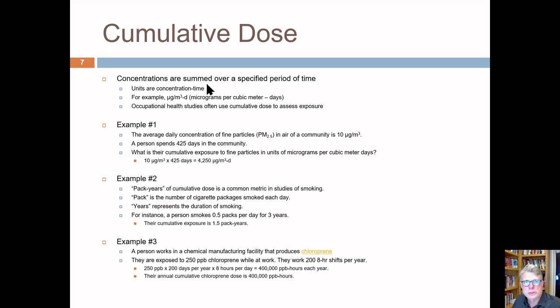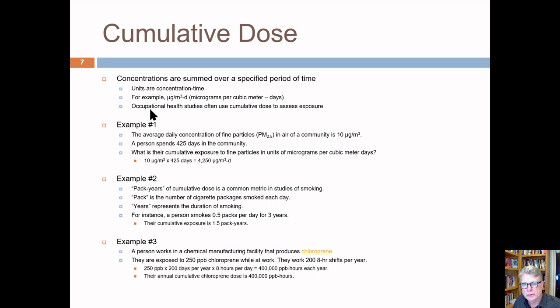The concentrations are summed over a specified period of time. The units are therefore concentration time. For example, microgram per cubic meter of aerosols, microgram per cubic meter days.